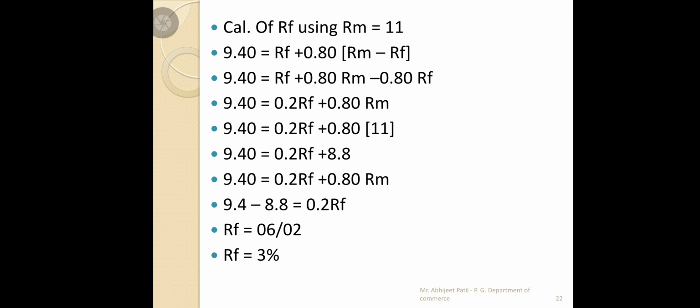Then 1 RF minus 0.80 gives 0.2 RF, and 0.80 RM as it is. Now we put RM equal to 11, and we get 0.2 RF plus 0.80 into 11, which is 8.8.